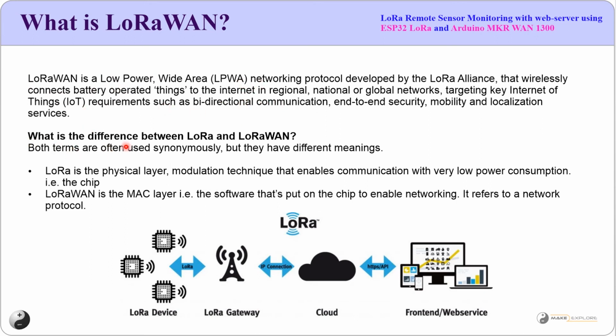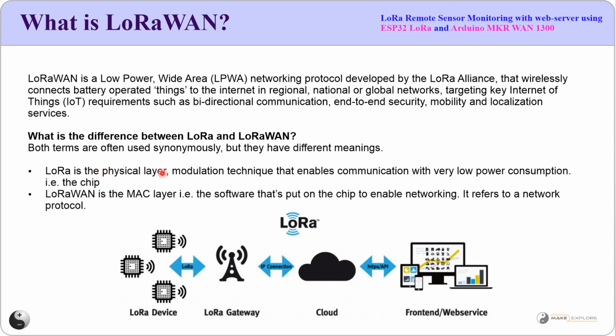So what is the difference between LoRa and LoRaWAN? This is the most commonly asked question. Both terms are often used synonymously, but they have different meanings. LoRa is a physical layer modulation technique that enables communication with very low power consumption, and is cheap.